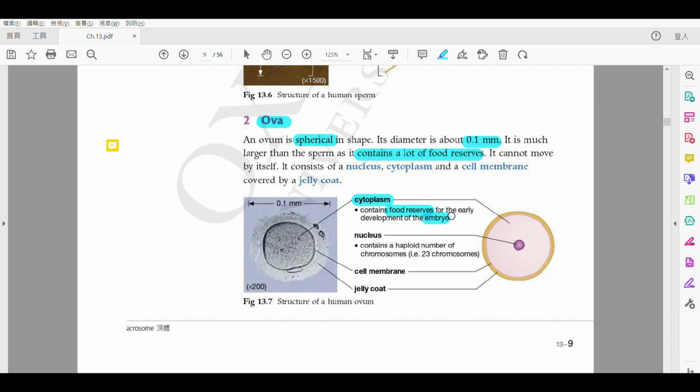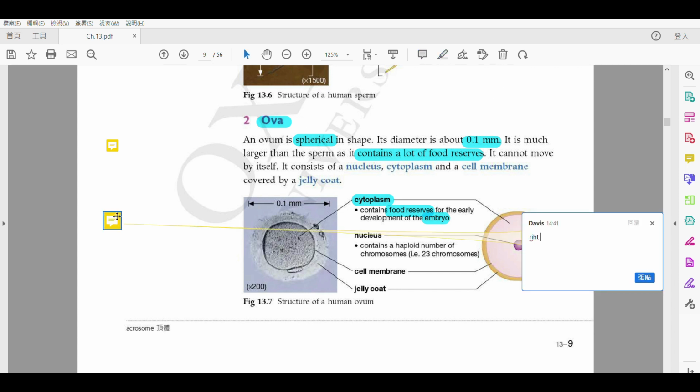So what does it mean? Think about it. Right after fertilization, it forms a zygote, and then it will carry out a cell division. Do you remember which type of cell division? The zygote will carry out mitosis, or mitotic cell division.